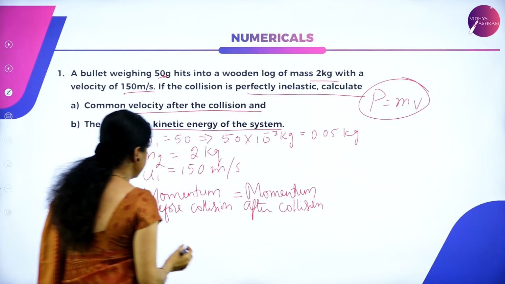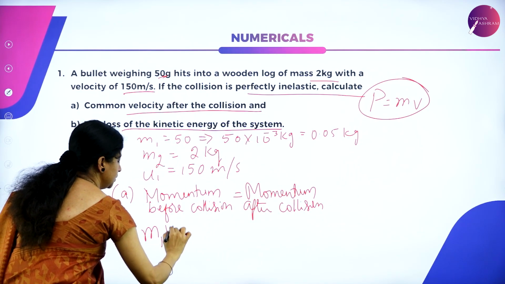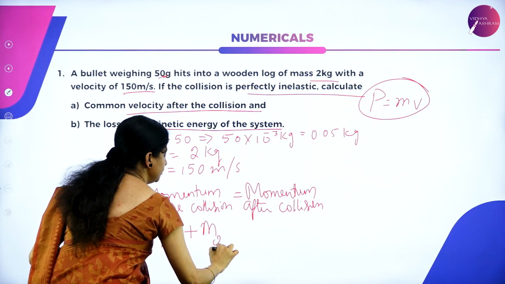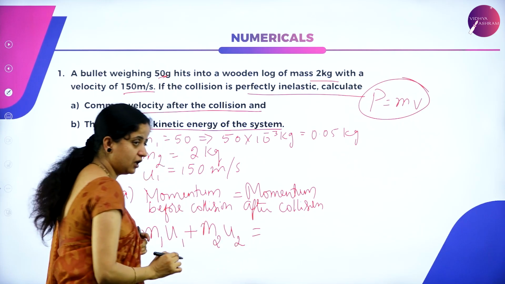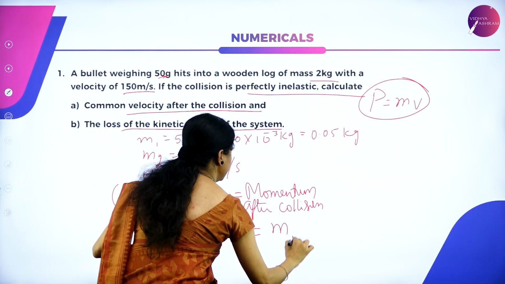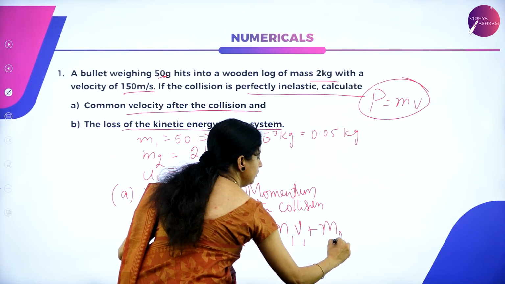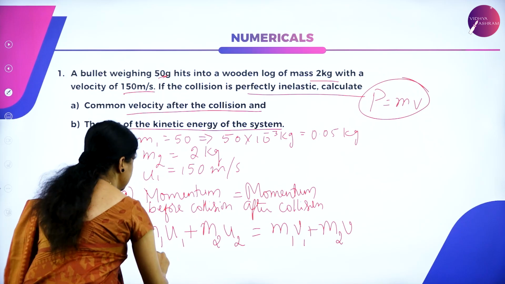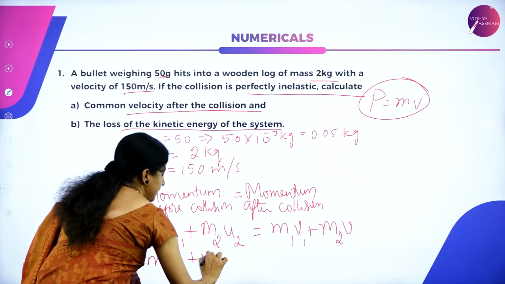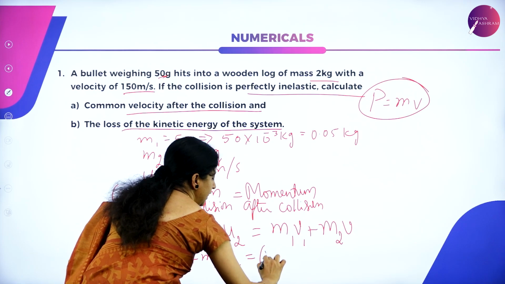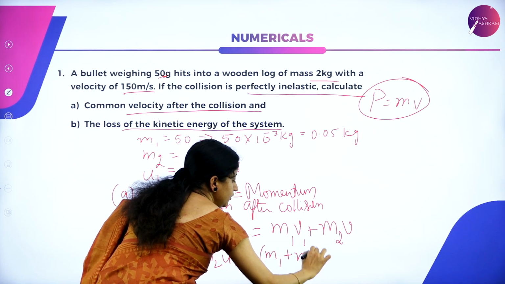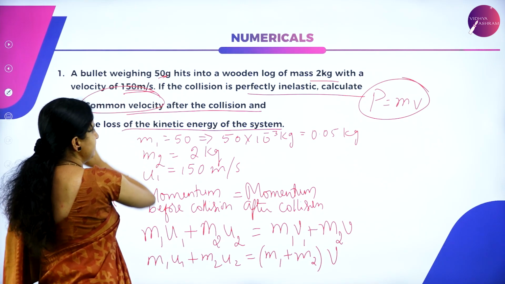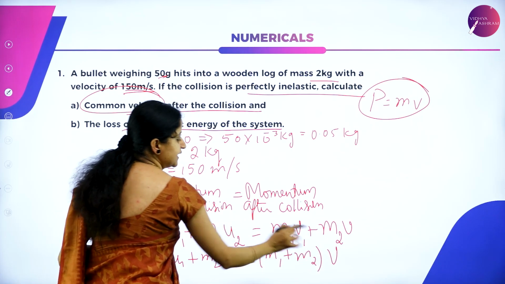Before collision, m1 u1 is the momentum of the bullet, plus m2 u2, the momentum of the wooden log, which is equal to m1 v1 plus m2 v2. We can modify this as m1 u1 plus m2 u2 equal to m1 plus m2 into v, because after collision they both move with the common velocity, which I have considered as v.